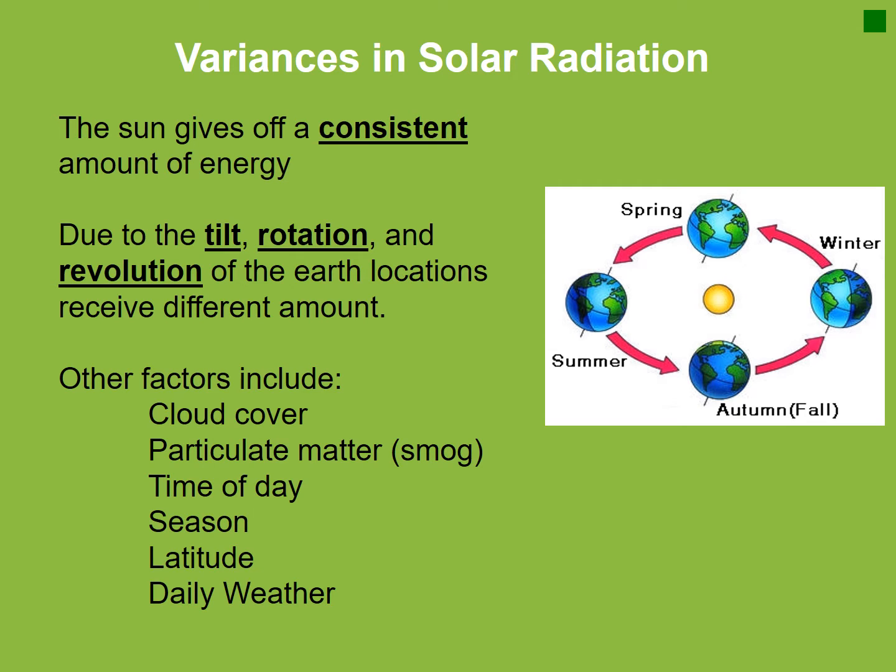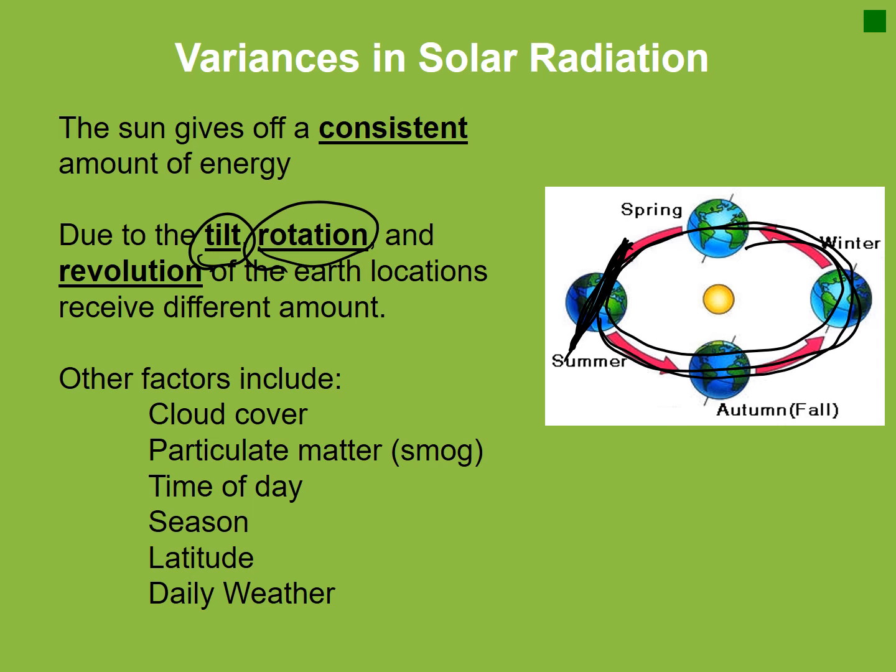So what causes differences in how much radiation we have? Because the sun actually gives off a consistent amount of energy. It's not like it amps up its stuff during the summer and then turns it down a little bit during the winter. It is all due to the Earth's tilt, okay? Obviously, we're not perfectly vertical, so it's tilted a little bit. The rotation, remember, is how the Earth spins on its own axis, and also the revolution, which is where it goes around the sun.